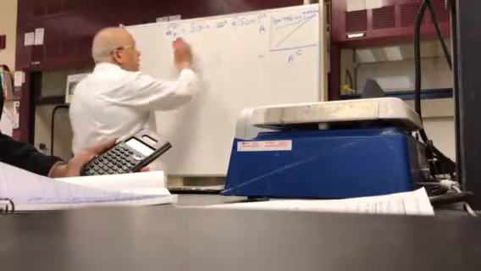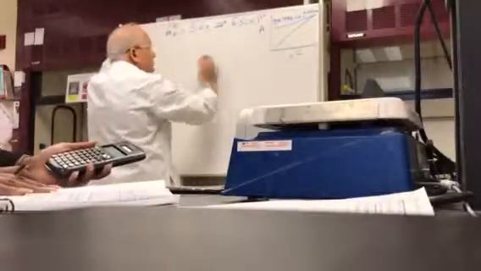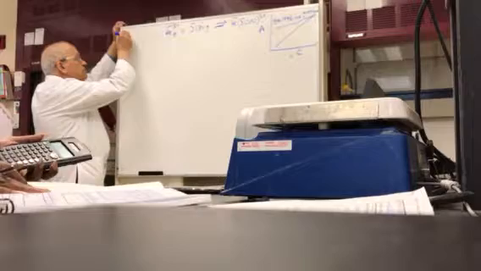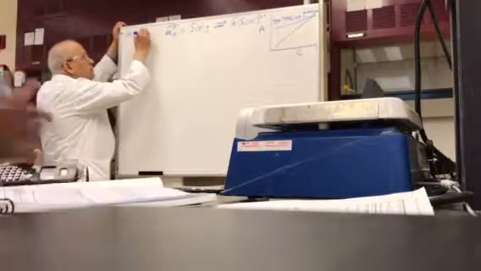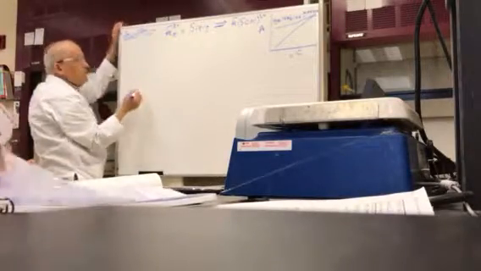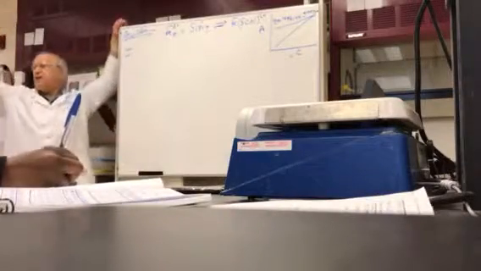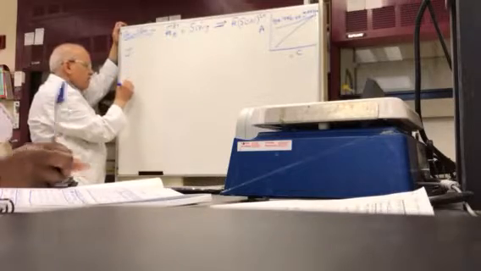We're going to go to the equilibrium. In the equilibrium calculation, we have to use an ICE table. Initial for the first test tube, initial, change, equilibrium.